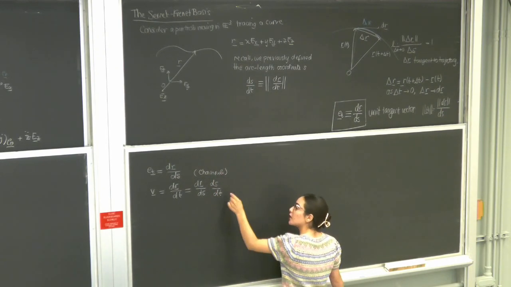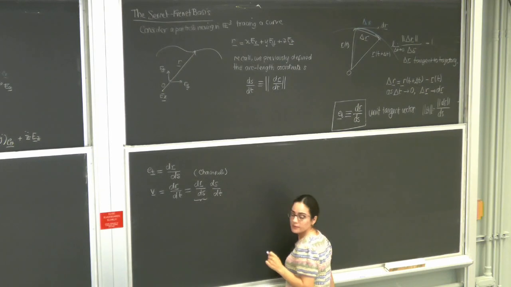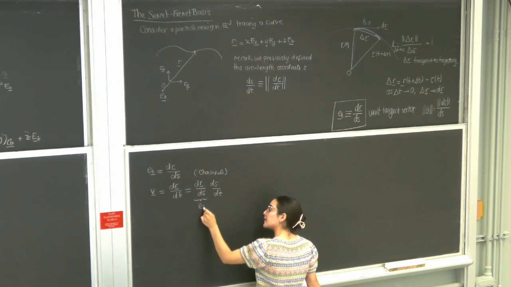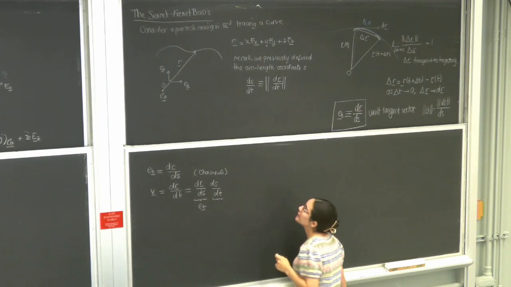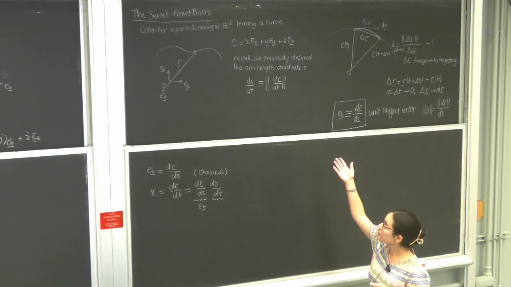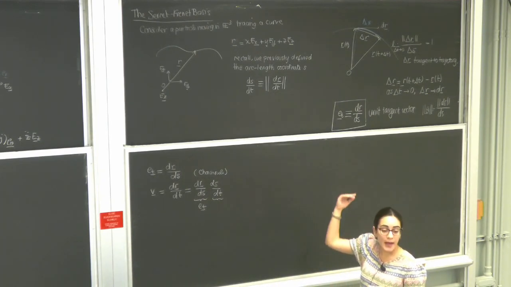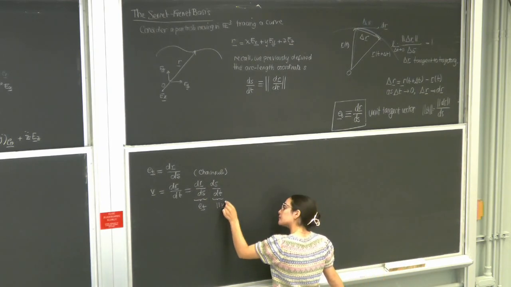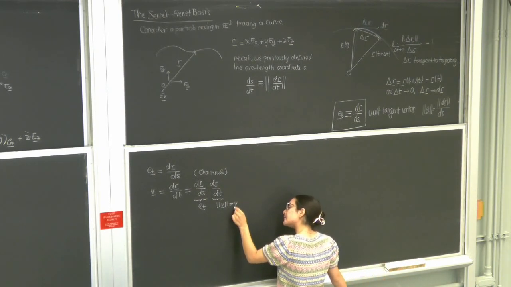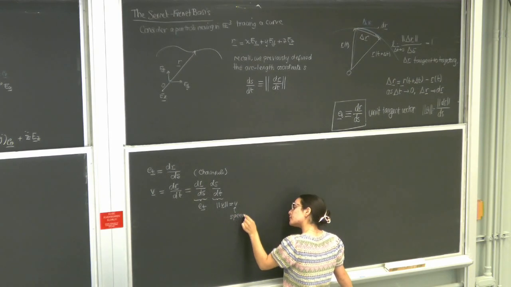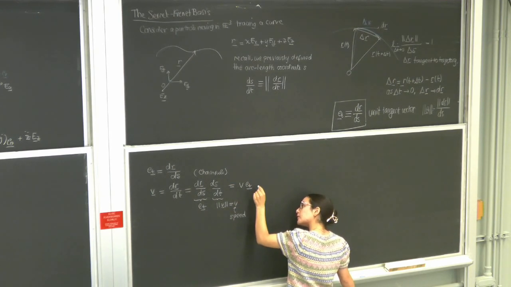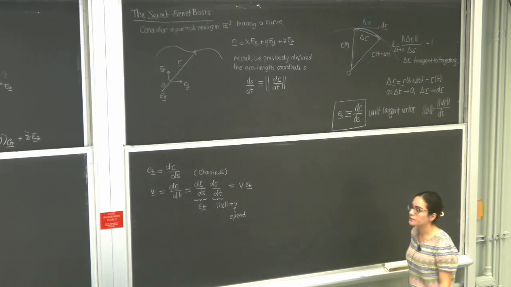Okay. And what is dr by ds? e_t. And what is ds by dt? The magnitude of the velocity, which I'm going to call v, the speed. So v e_t.